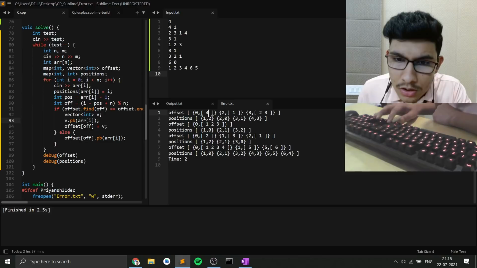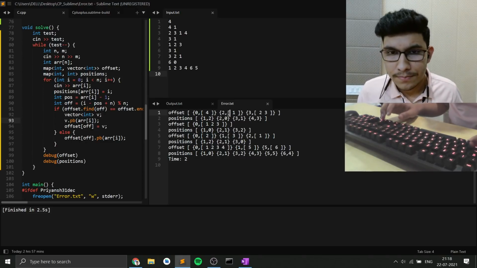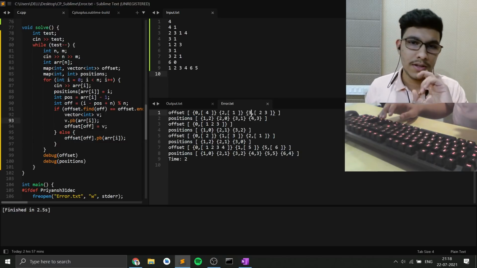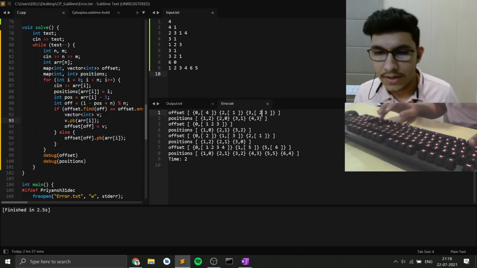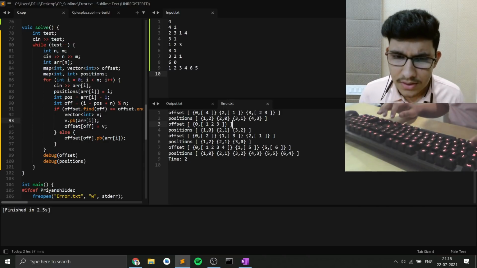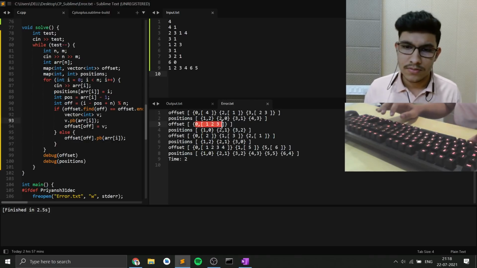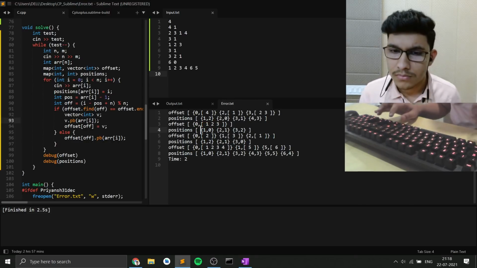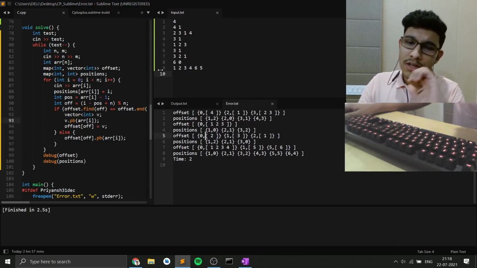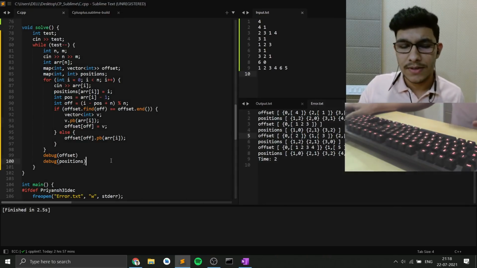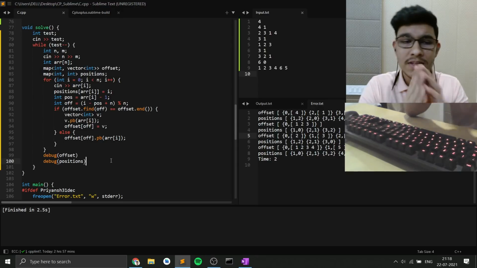Right, so if I talk about offset, for 0 it is 4, for 2 it is 1, for 3, 1, 2, 3, yeah, this is fine. And positions are fine as well. And for this one the offset is this, which is fine again. So I only need to consider those offsets where the number of elements is greater than n by 3.